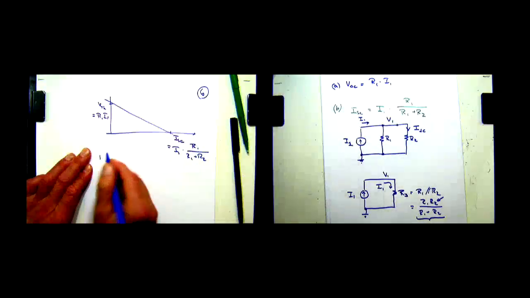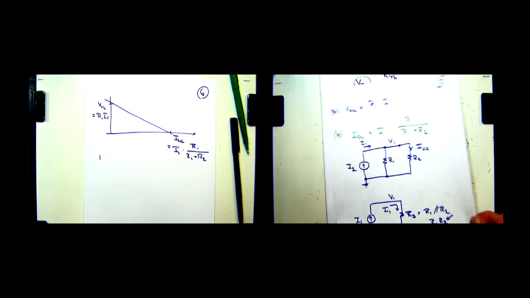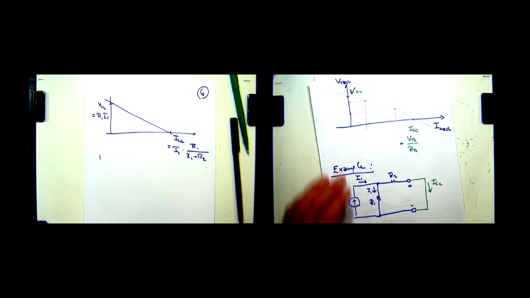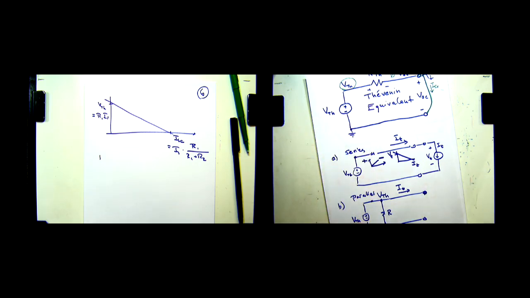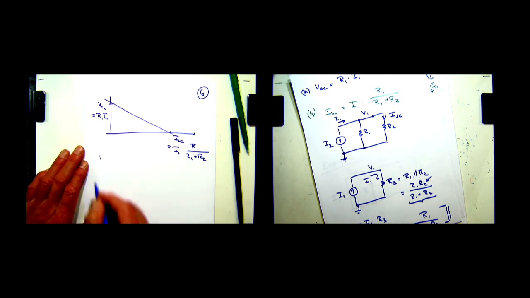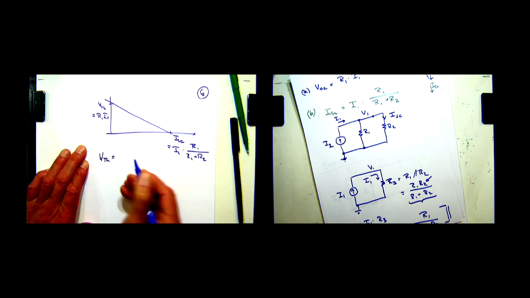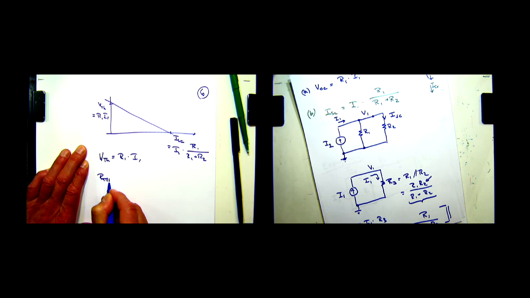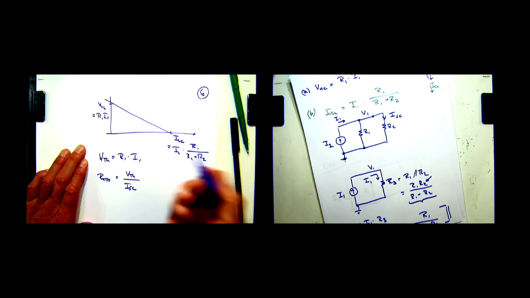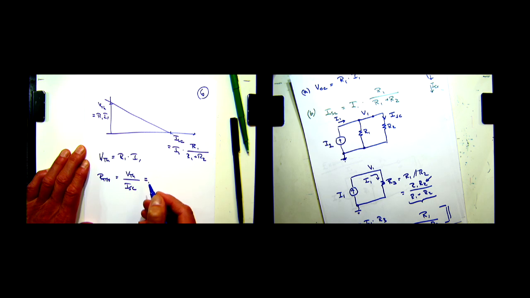Incidentally, if we were to compare this now to our Thevenin circuit over here, the one that we had here, we get exactly the same IV characteristic. V Thevenin is equal to R1 times I1, and R Thevenin is going to be equal to V open circuit over I short circuit.